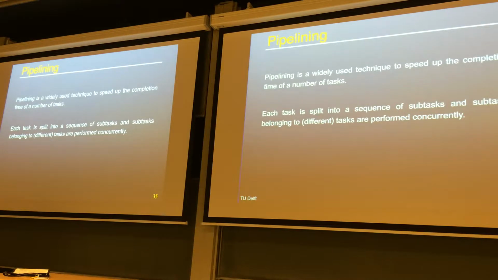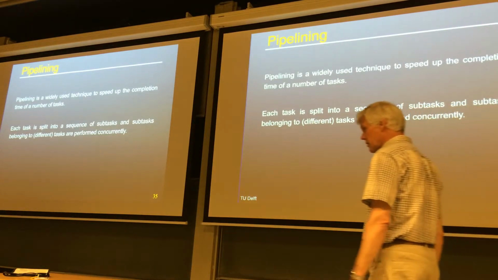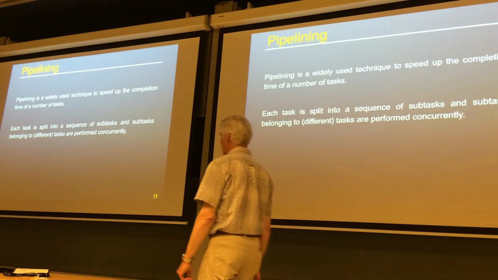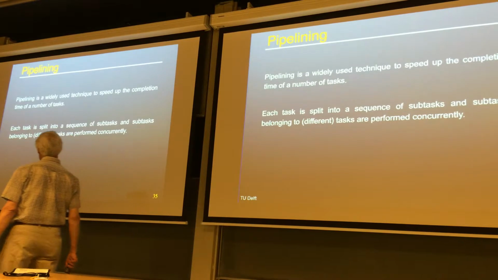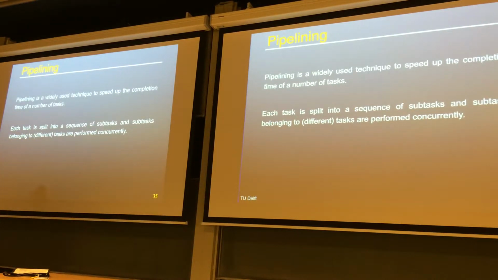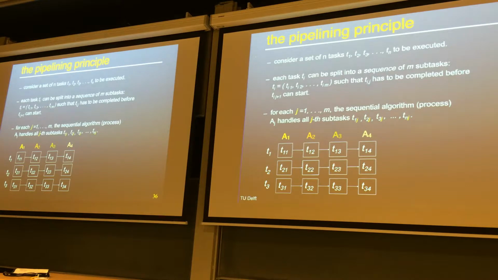So what you effectively do is you have a task, and that task is split in a number of subtasks. And these subtasks have to be performed sequentially, but since there is a number of tasks, we try to process them as concurrently as we can.